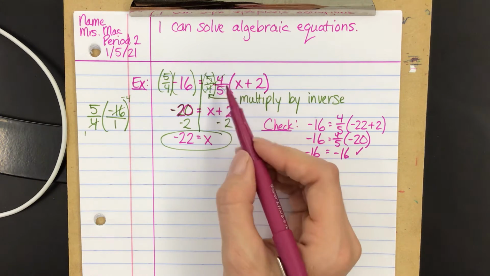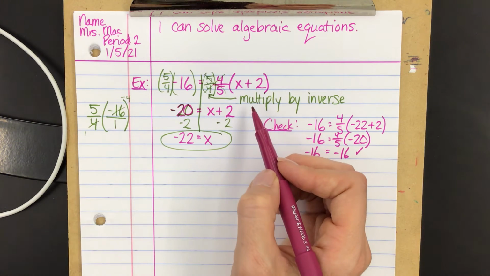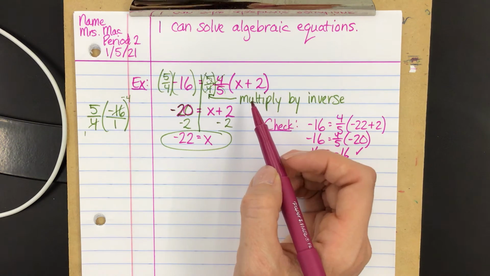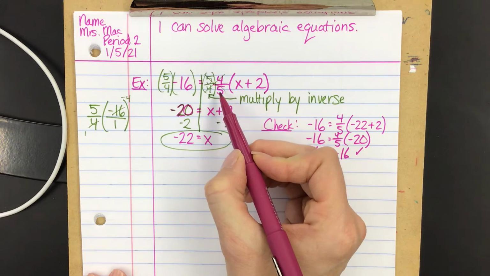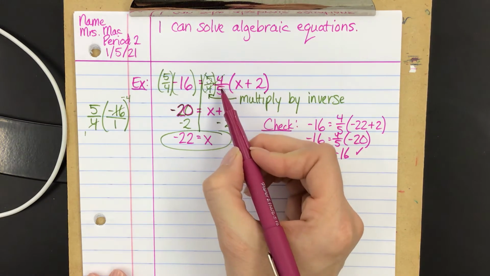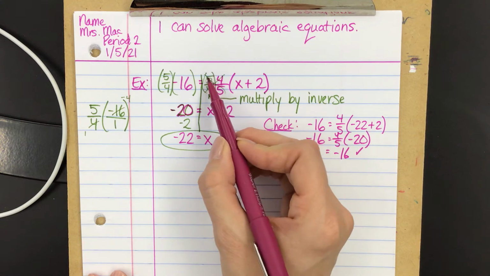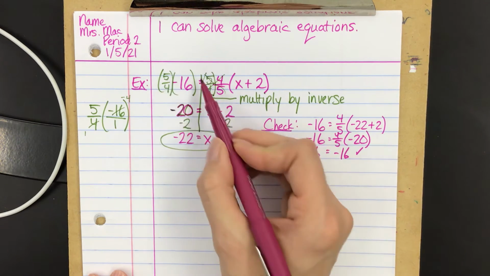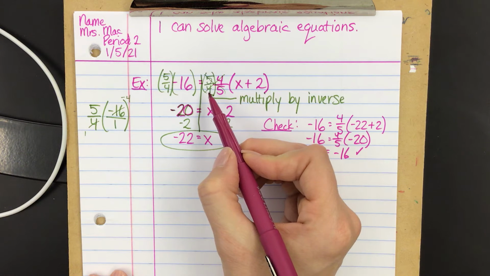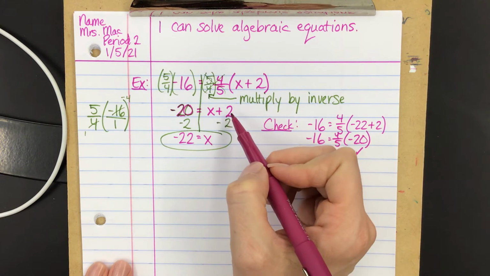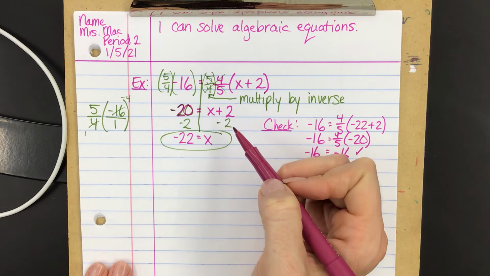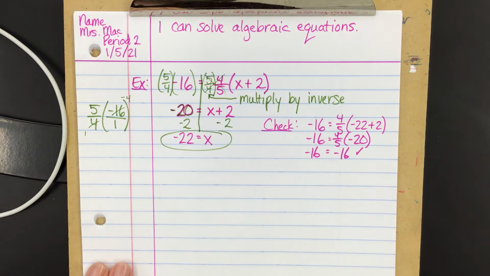So instead of dividing both sides by 4/5, which is what I showed you how to do before today, I multiplied by the inverse of this fraction. So you have 4/5. So if you multiply both sides by 5/4, like I did here, then these cancel out. And we completely get rid of that number, and we're just left with x plus 2. Does that make sense? I'm glad you asked.